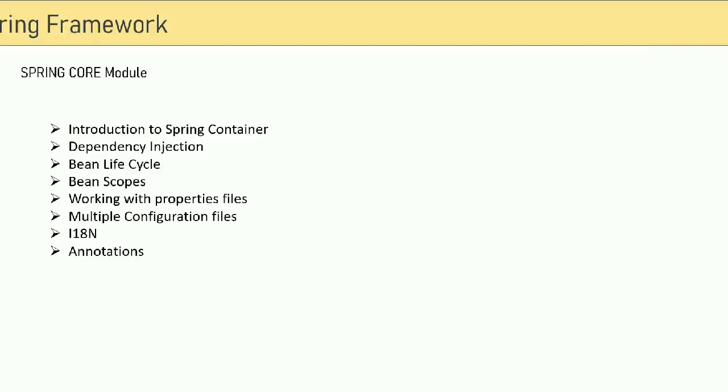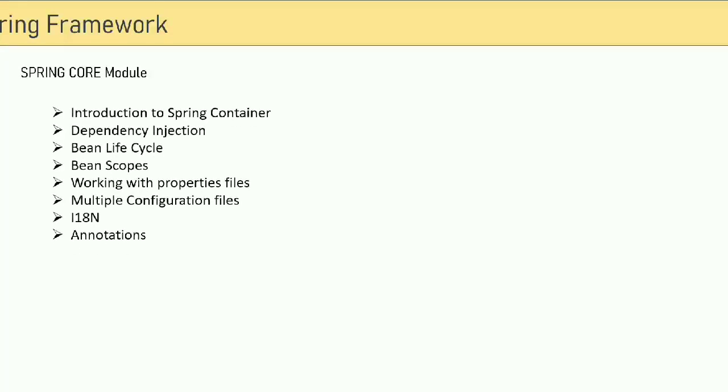Here we will learn a new container, the Spring container, where we can learn different kinds of containers: application context, bean factory, and web application context. We also have dependency injection, bean life cycle, and bean scopes. These are all the things which we are going to cover in the core module.